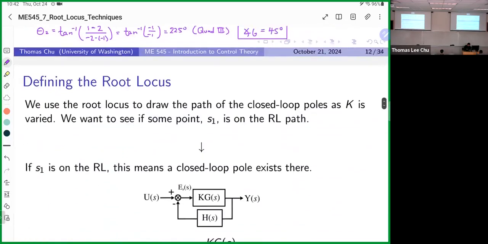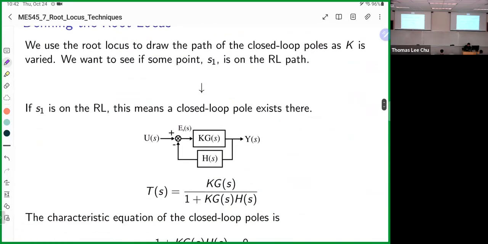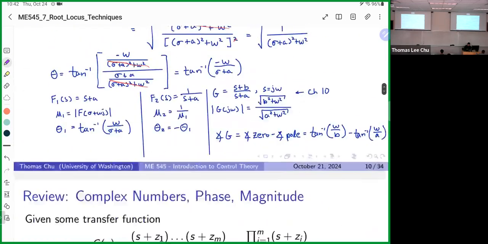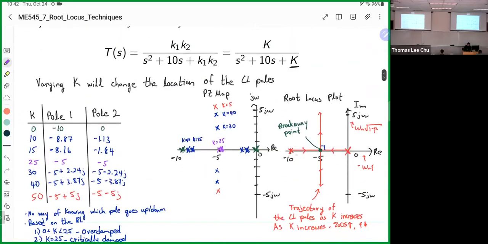Okay, so we use the root locus to draw the path of the closed loop poles as k is varied, and we want to see if the point S1 is on the root locus path. So if I were to look at the root locus here, the red is the path, and I want to evaluate some point like here.